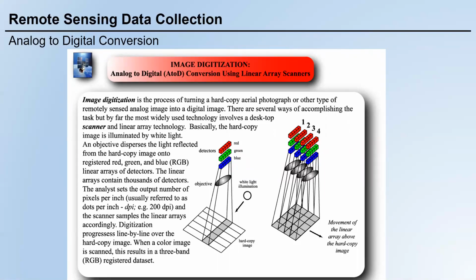You disperse it into red light, green light, and blue light, and these three types of light are sensed.